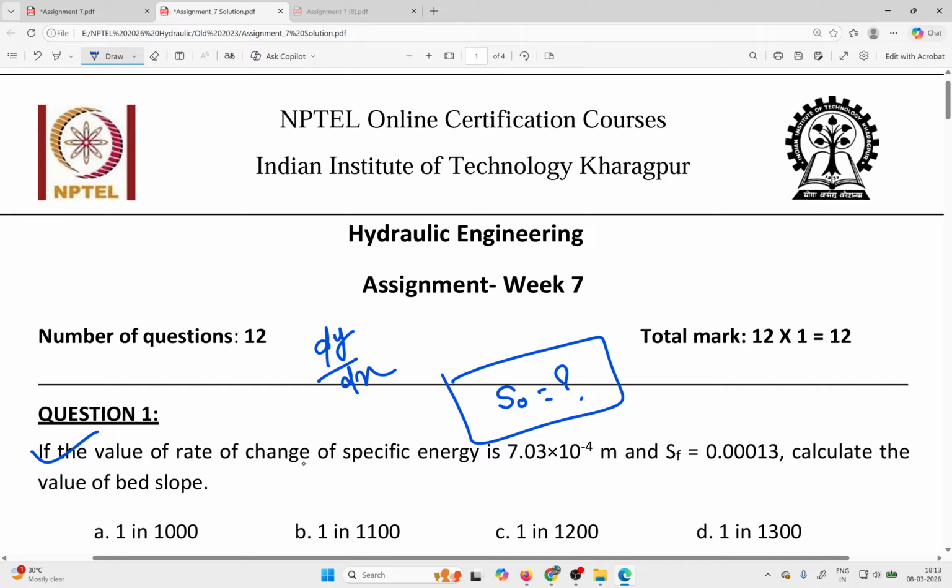Now the thing has changed: the rate of change of specific energy means dE by dx is given in the question as 7.03 into 10 raised to minus 4 meter.